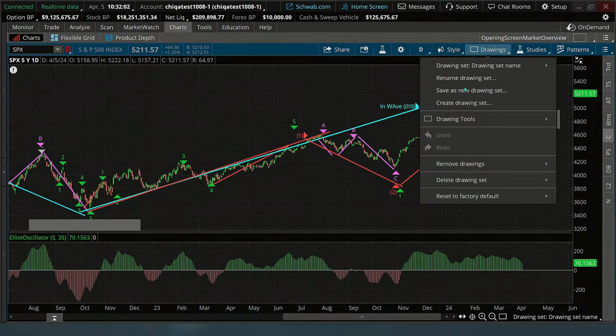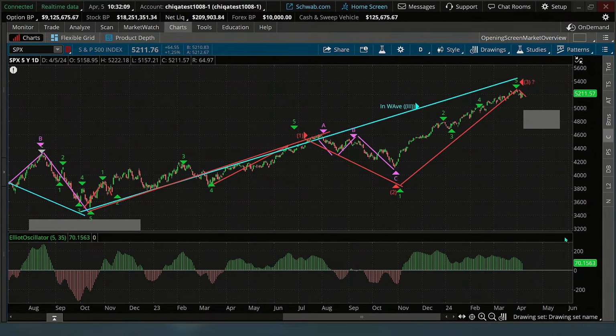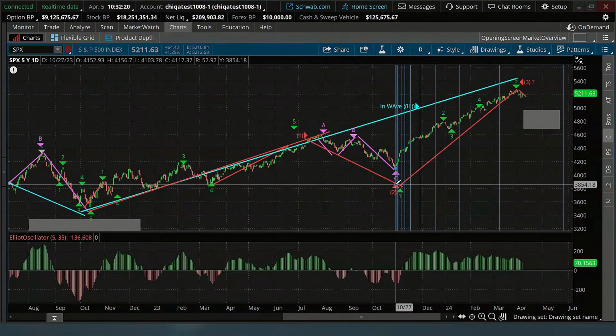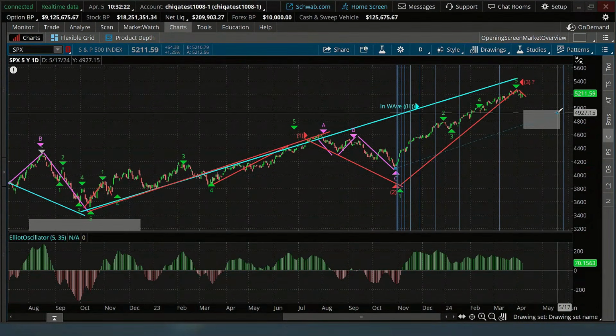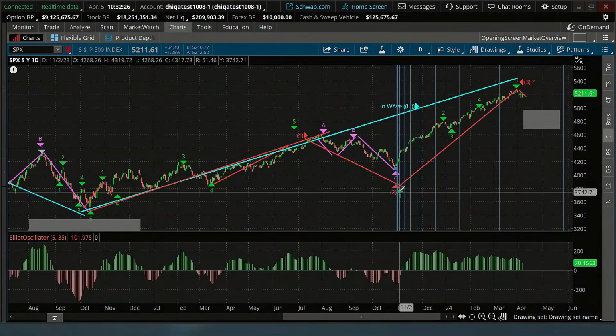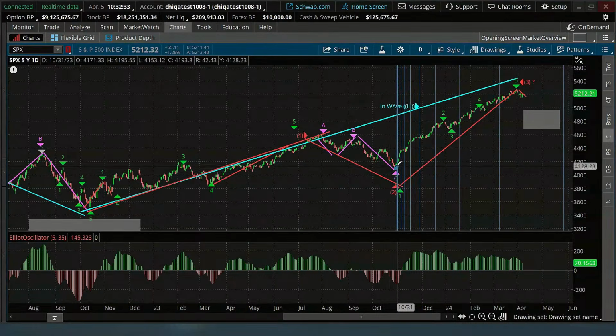All right. What we do here is we add another tool that Thinkorswim gives us. It's a drawing. It is the Fibonacci time series. Okay, and all it does is it starts counting Fibonacci numbers from a point. So if I put that on there for 2 down here, it's not actually lining up exactly right here.